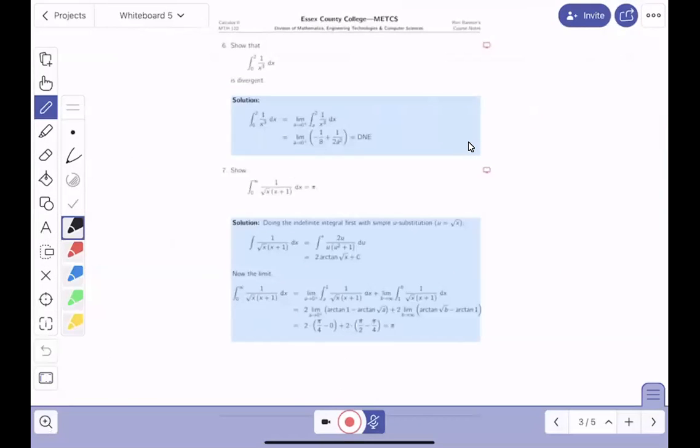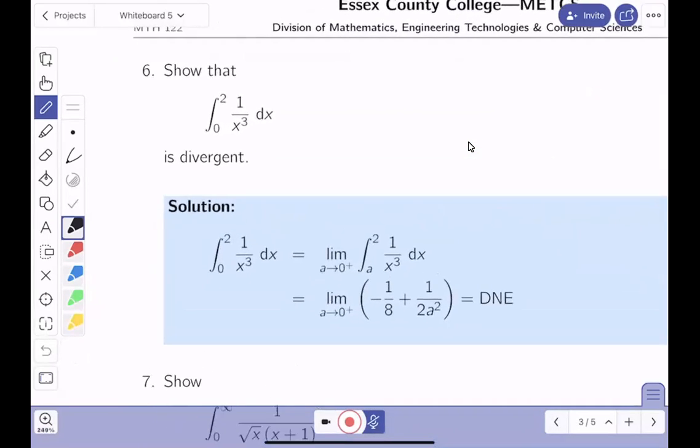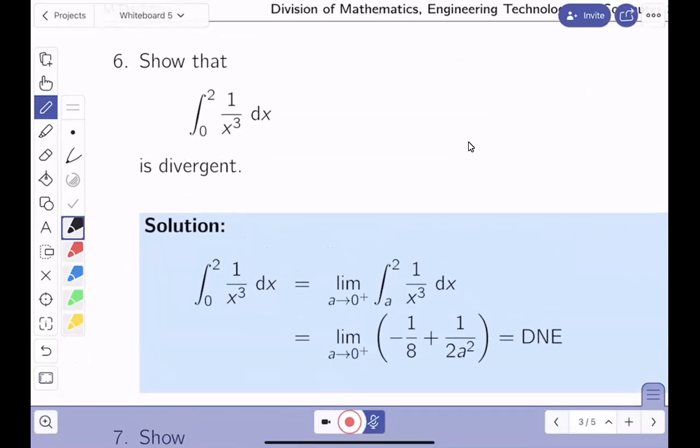Let's go to the next one and take a look at it. I'm going to blow it up. And this has a problem at 0, right? So I'm going to say this is going to be the limit, and I'll use a.